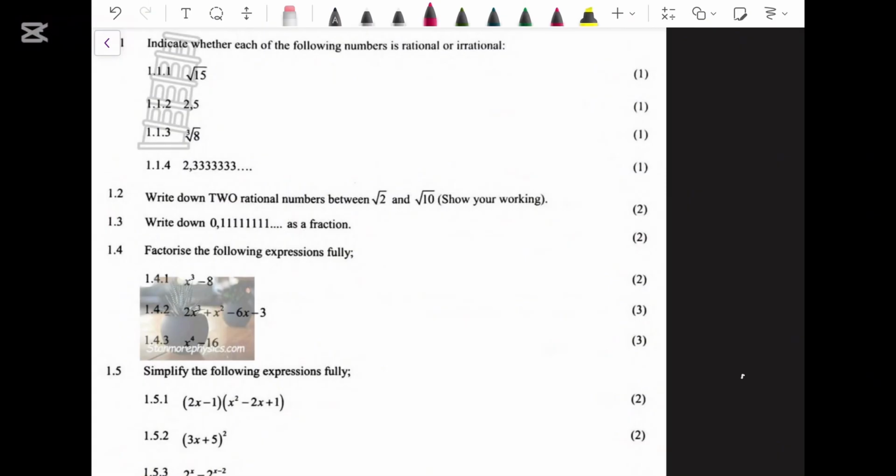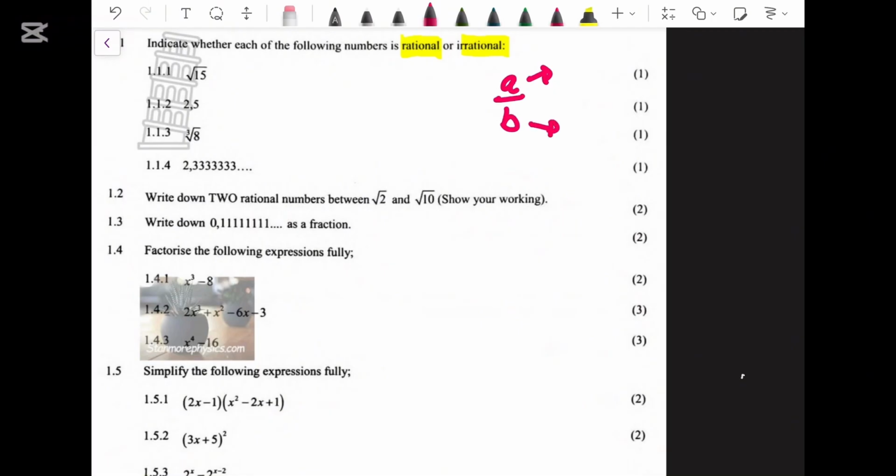Now, here, the first question, we are required to indicate whether each of the following numbers is rational or irrational. You need to understand that rational numbers can be expressed as a fraction a over b, where a is an integer and b is an integer.